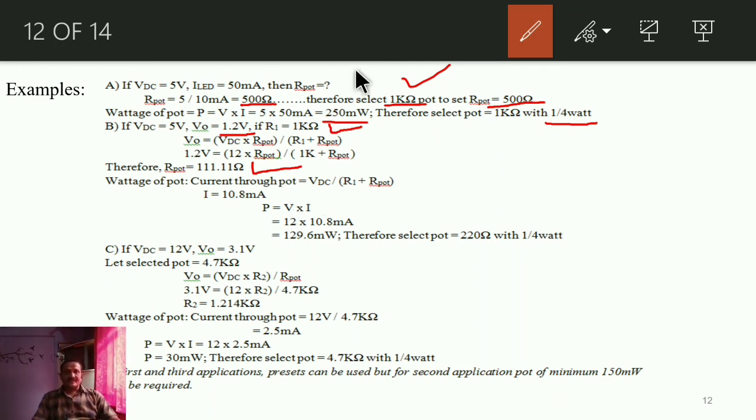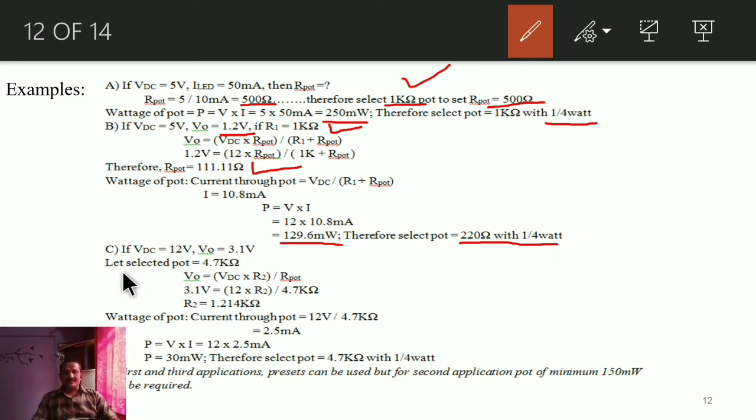Similarly, as in the previous one, you can again determine the power handling capacity of that potentiometer in this case, and it comes only as 129.6 milliwatt. Therefore, you can select the standard available 220 ohm potentiometer with quarter watt.